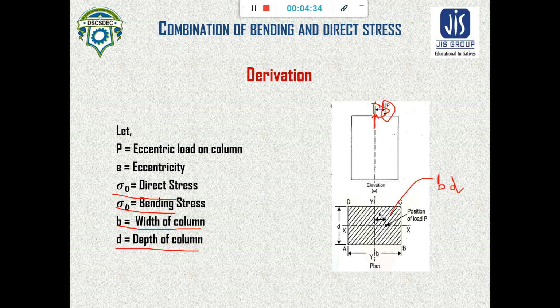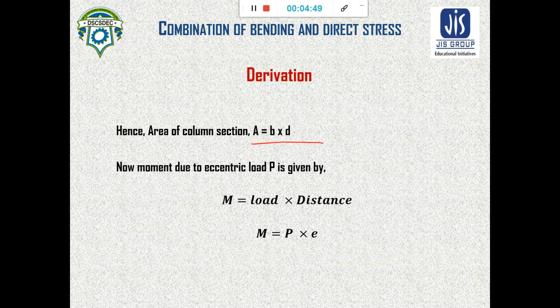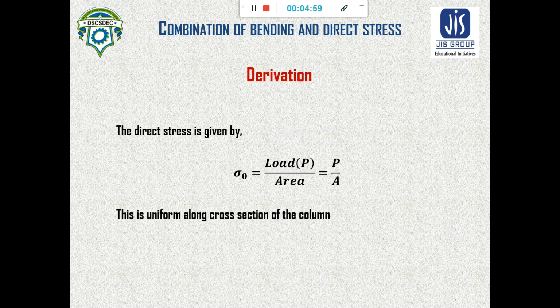So the moment of that couple will be the value of the force, P, into the distance, E. So the value of the moment is M equal to P into E, that is load into distance.